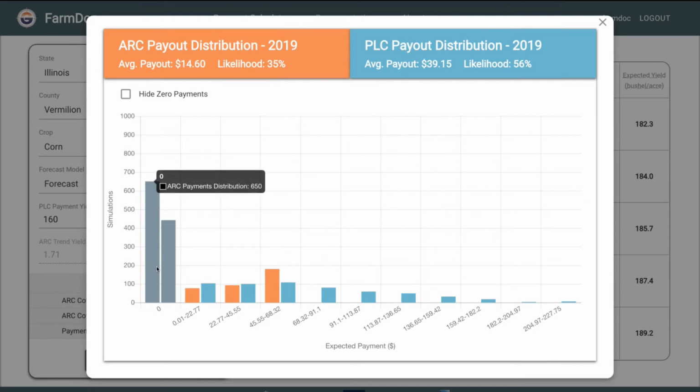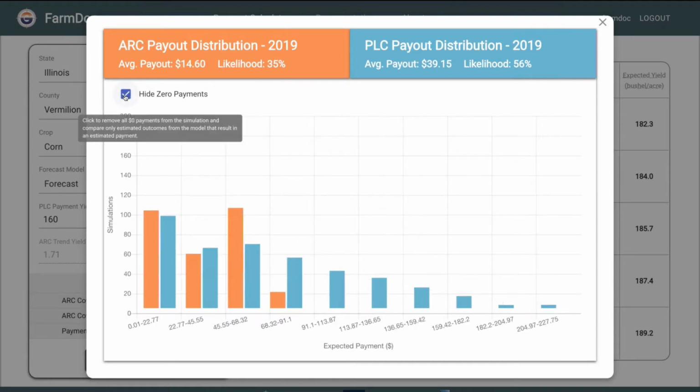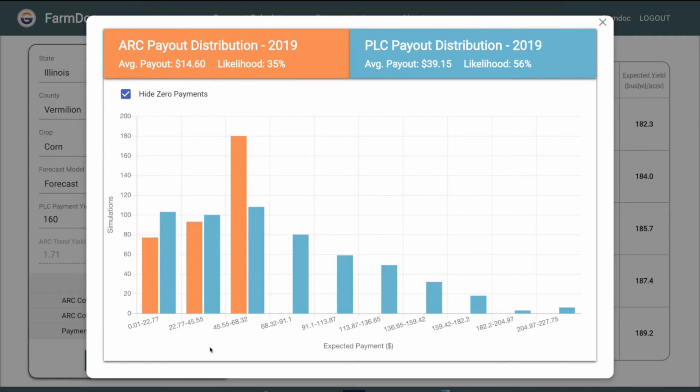Obviously, the bulk of them are sitting at zero. In that scenario, there's a higher possibility of not getting a payment. You can see, as you go up in expected payment numbers, where those buckets fill of the 1,000. You can also pull out the zero to see, should there be a payment, where the higher likelihood is that it will fall.